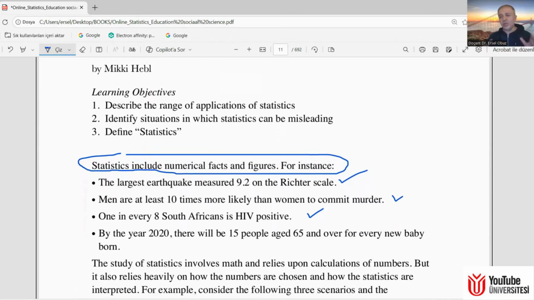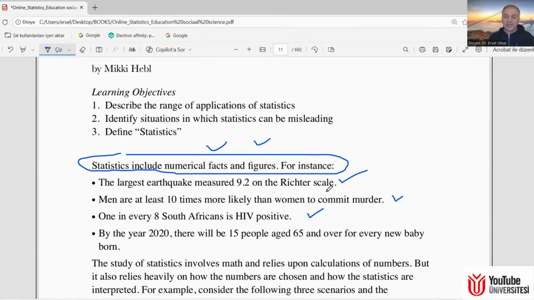So when we talk about statistics, what we talk about is basically numerical facts and figures. For instance, if I tell you the largest earthquake measured 9.2 on the Richter scale, it means I am giving some numbers, right? And this is a huge earthquake.